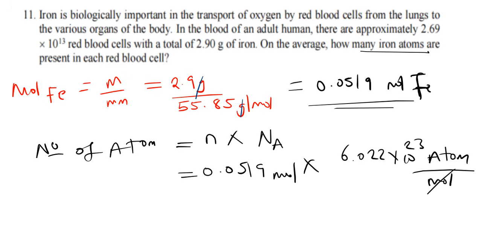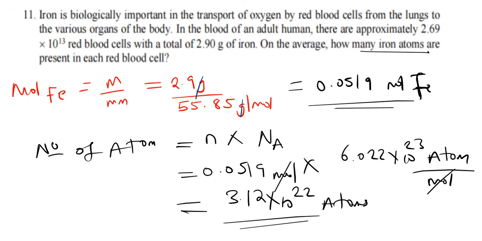The mole and the mole are going to cancel, therefore we're just multiplying. I'm getting 3.12 times 10 to the power 22 atoms. So this is what we have as the number of atoms.